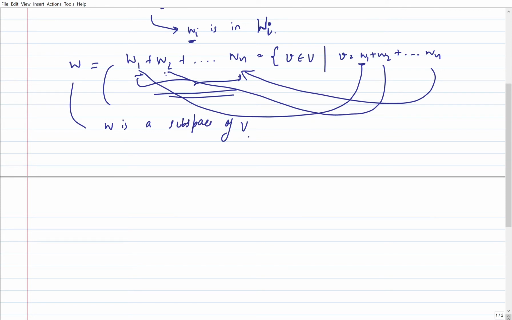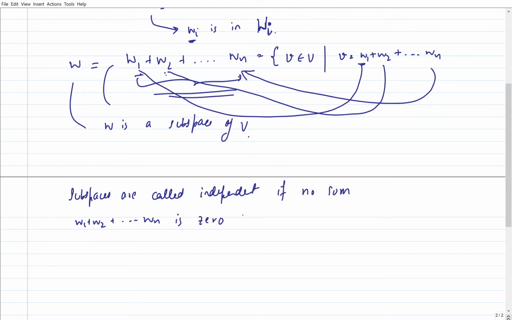So these subspaces are called independent if no sum is zero except for the trivial case, when each of these wi is equal to 0 for all i.